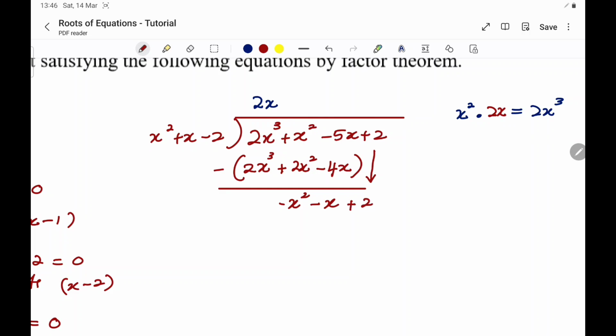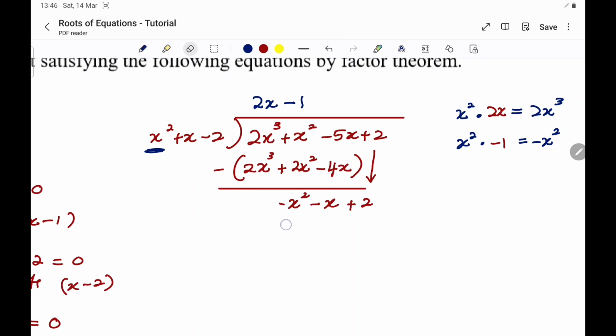Now we will proceed with the same method as well. Right now you see we have negative x squared. So what value, when we multiply with x squared, gives negative x squared? Negative 1, right? So now what you have to put on top is negative 1.